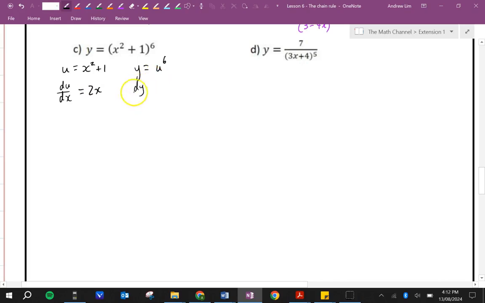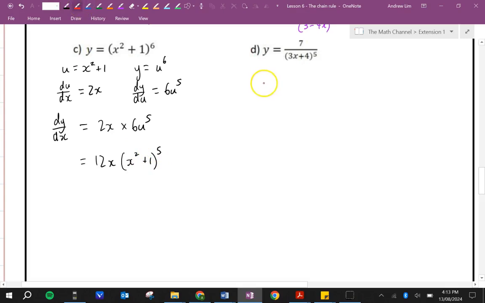Differentiate y with respect to u, we'll get 6u to the power 5. So dy/dx, I'm going to multiply them. We'll get 2x times 6u to the power 5. That's equal to 12x, and u is x squared plus 1 to the power 5.